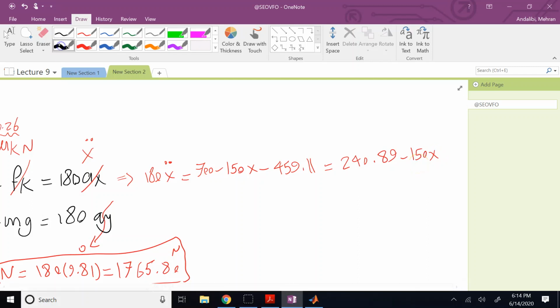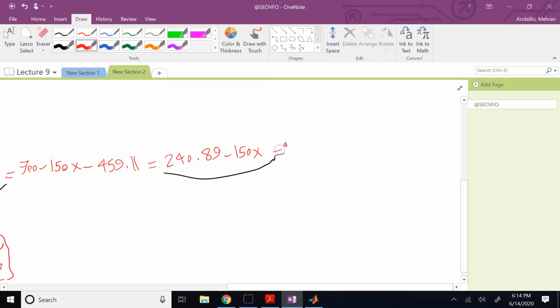And what do you have here? Yes, it is a second order differential equation with constant coefficients. And you know this ODE is subjected to two initial conditions, right? So this is equal to 180 x double dot. Let me put it in a box.